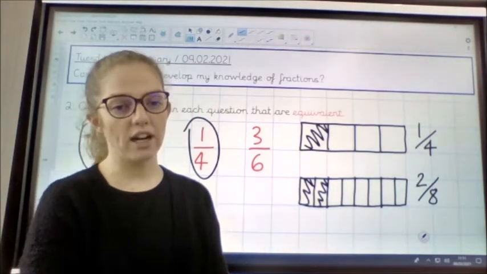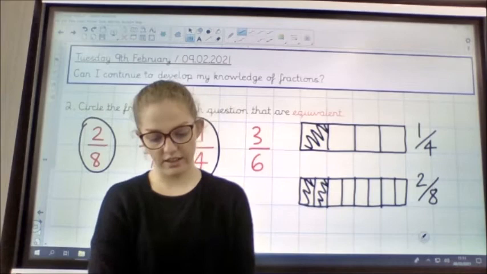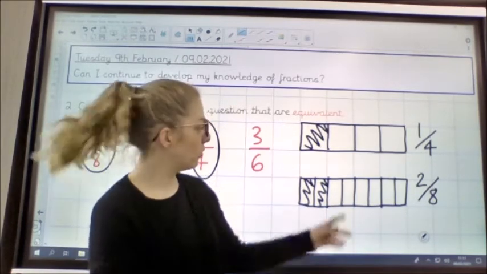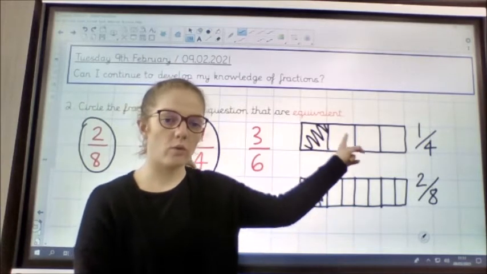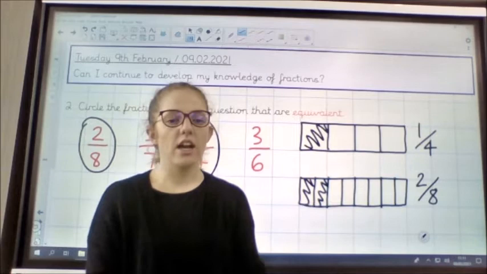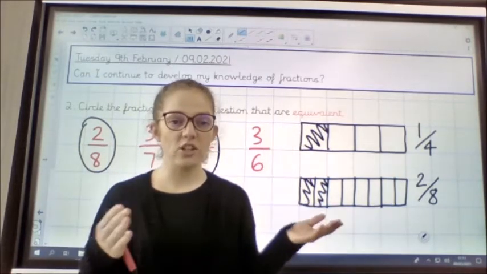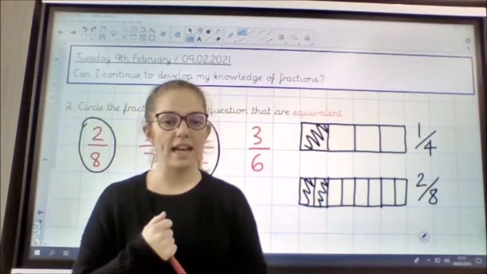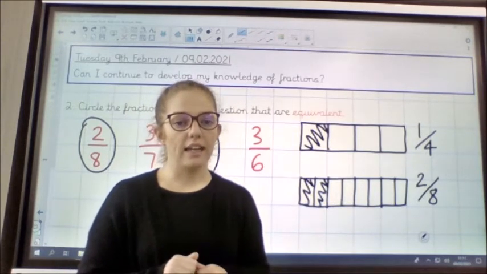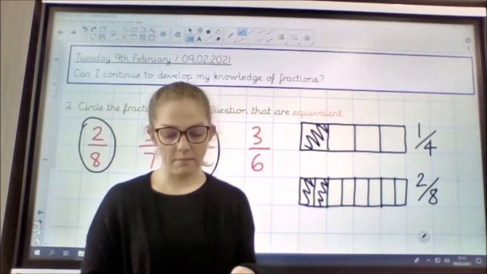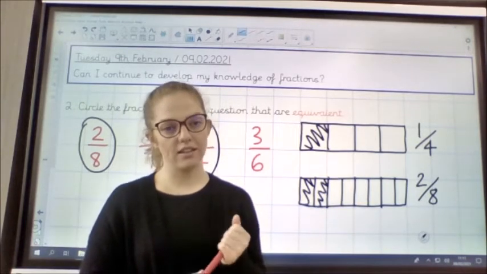It's just that the fractions are written differently. I've broken it into equal parts, so I've got 4 equal parts and 8 equal parts here. They are the same size. Imagine it as a chocolate bar and I'm sharing it between 4 people and between 8 people. If you look, 1/4 is the same as 2/8.